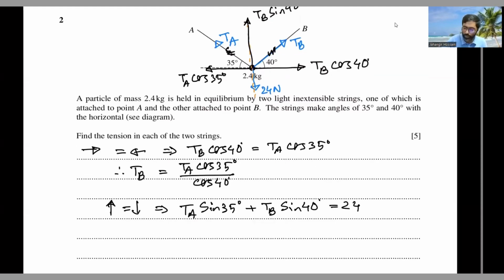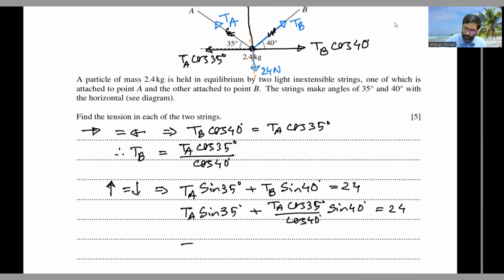If we substitute TB in terms of TA here, we have TA sin 35 plus TA cos 35 divided by cos 40 into sin 40 equals 24.